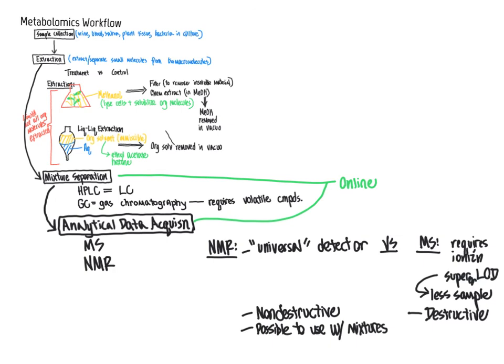On the other hand, with mass spectrometry, typically it is applicable only with pure compounds or relatively simple mixtures because the mass spectral data simply becomes too complex with more complex samples.